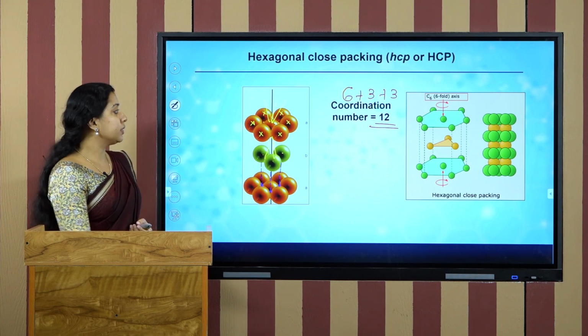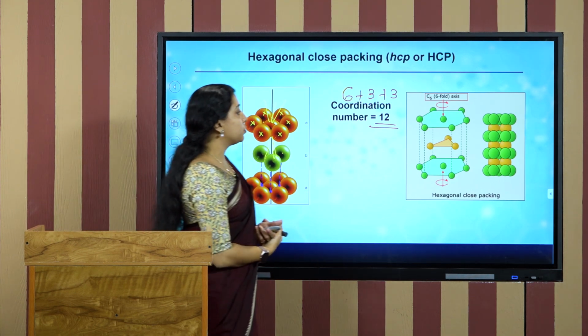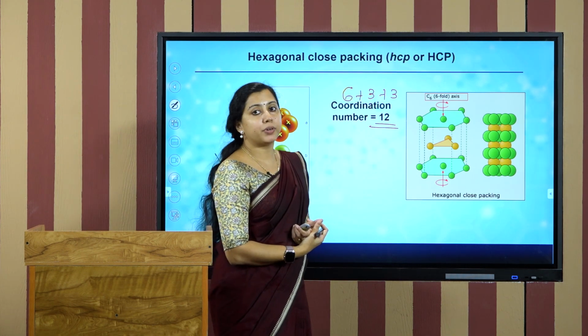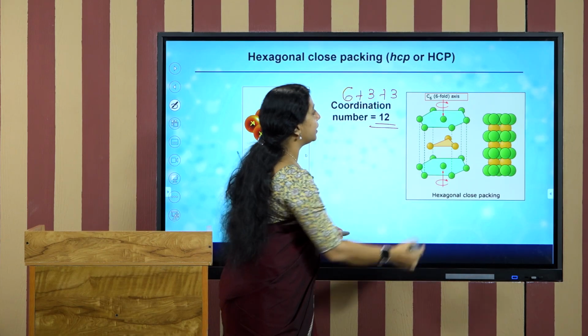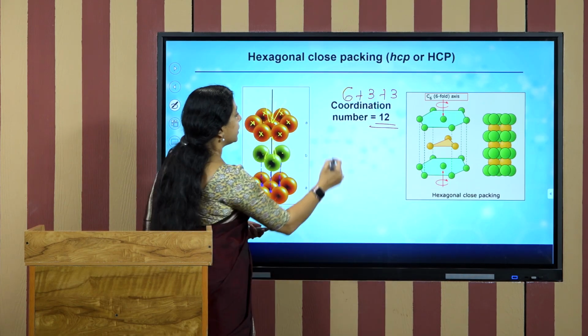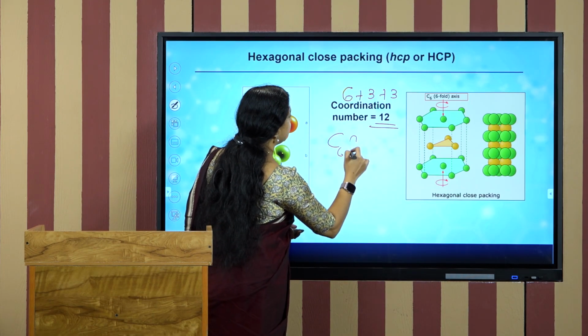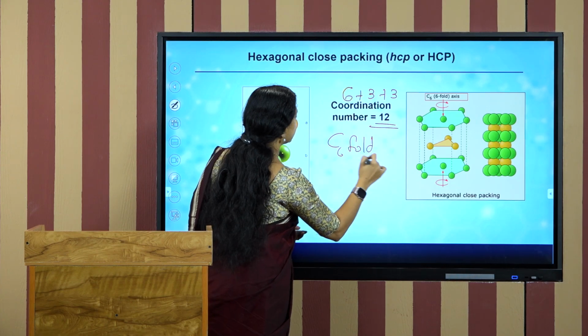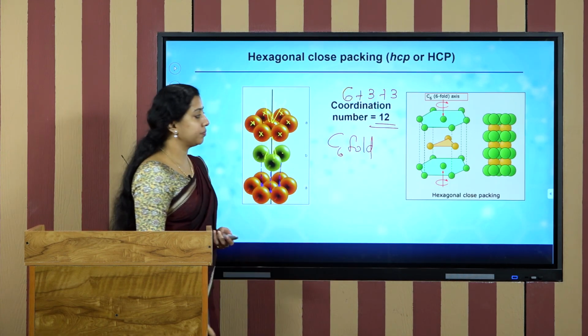Okay. Now, this corresponds to a hexagonal type of arrangement, as you can see here, resulting in a 6-fold axis of symmetry or C6 symmetry.